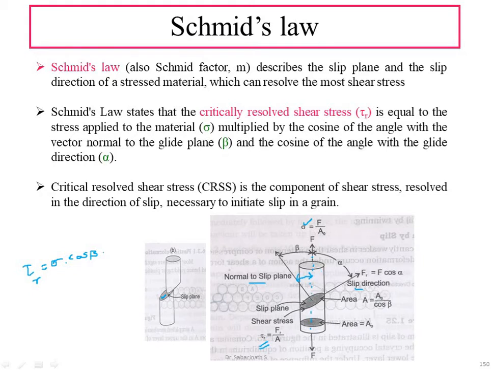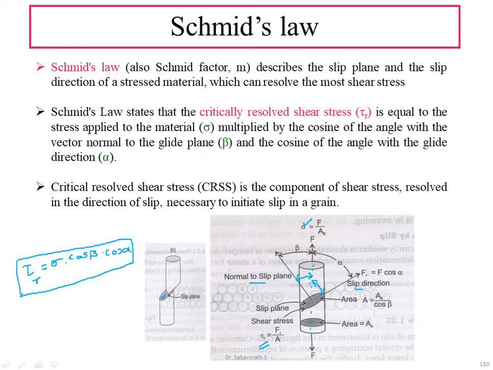This angle along the slip direction is alpha. So Schmid mentioned that the critically resolved stress tau r is sigma into cos beta into cos alpha. This is known as Schmid's law. Now we will see the derivation in the next slide.